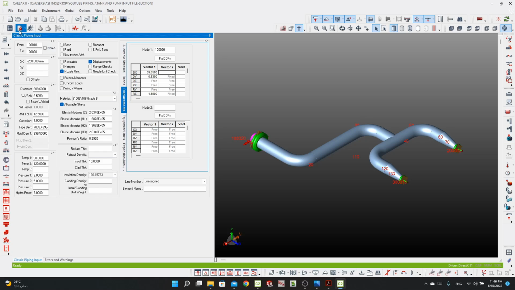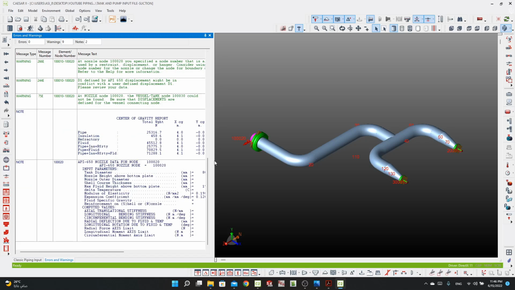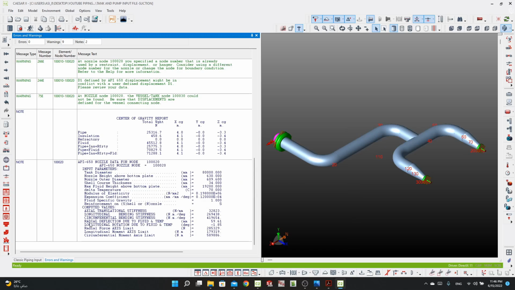If you run the check here, you'll find that Caesar already did the same calculation that we already did. And here, in the radial deflection, it will give you the W, which is 59.61, and the longitudinal rotation, which is minus 1.85.